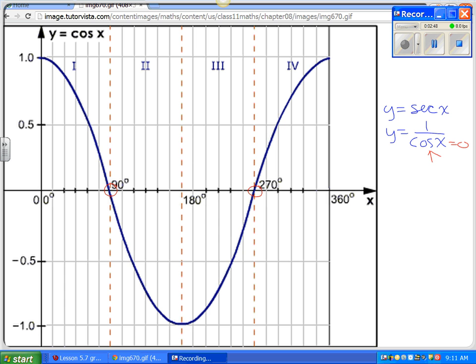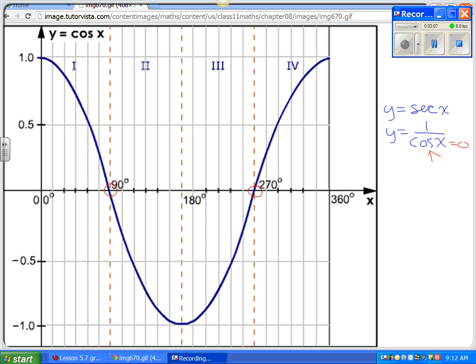Okay, so we know that secant's going to be undefined here, right? What happens graphically when a function is undefined? Graphically, when a function is undefined, we get these asymptotes. In this case, we're talking about a vertical asymptote.